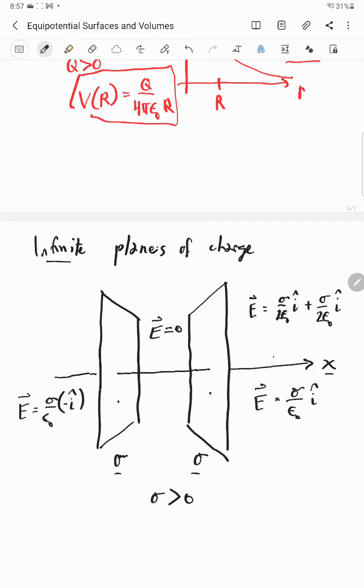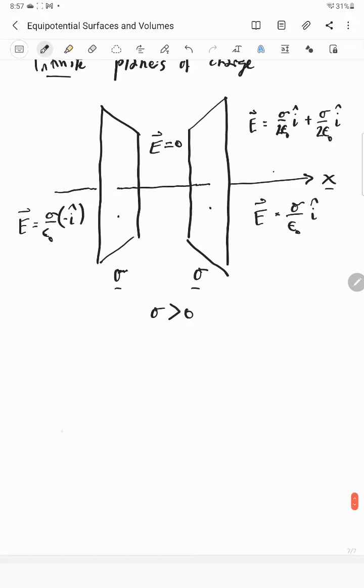So what this is indicating to us is there's going to be all this volume from x equals whatever this position is over to this position over here, right? Throughout all of this volume, the electric field is 0. And if the electric field is 0 there, then the potential does not change throughout this middle volume.